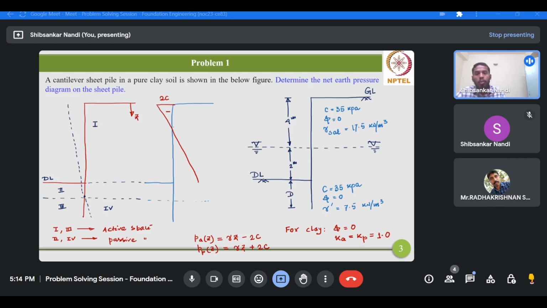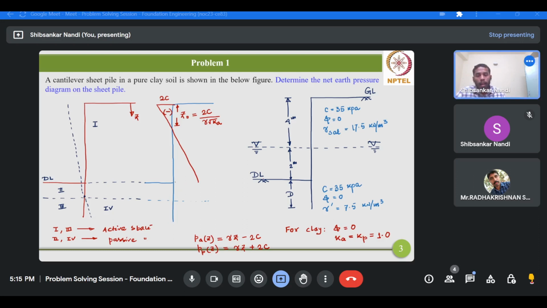We can easily determine this depth, known as the tension crack depth Z0, and you can calculate it from 2C divided by gamma root K, but in this case the K value equals 1 for a purely cohesive backfill. So Z0 equals 2C divided by gamma root K, where C is the cohesion of the backfill, gamma is the unit weight of the backfill, and K is the active earth pressure coefficient for the backfill condition.